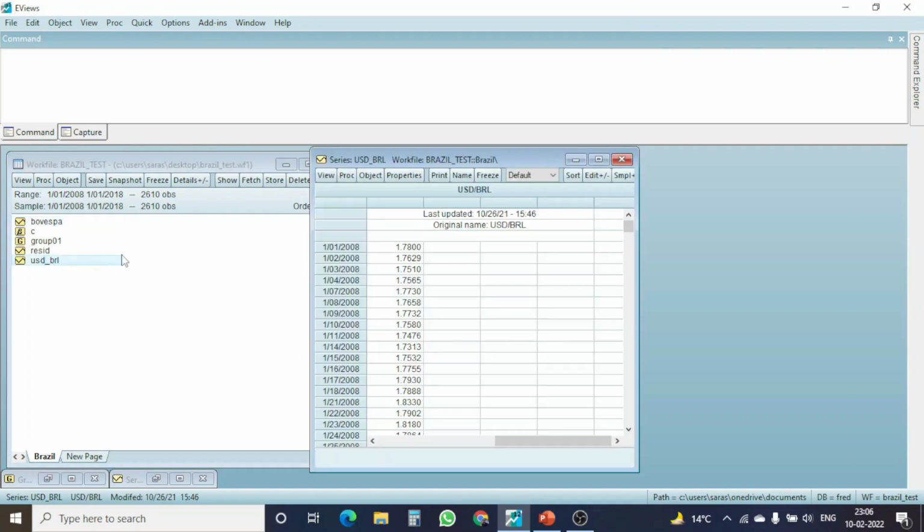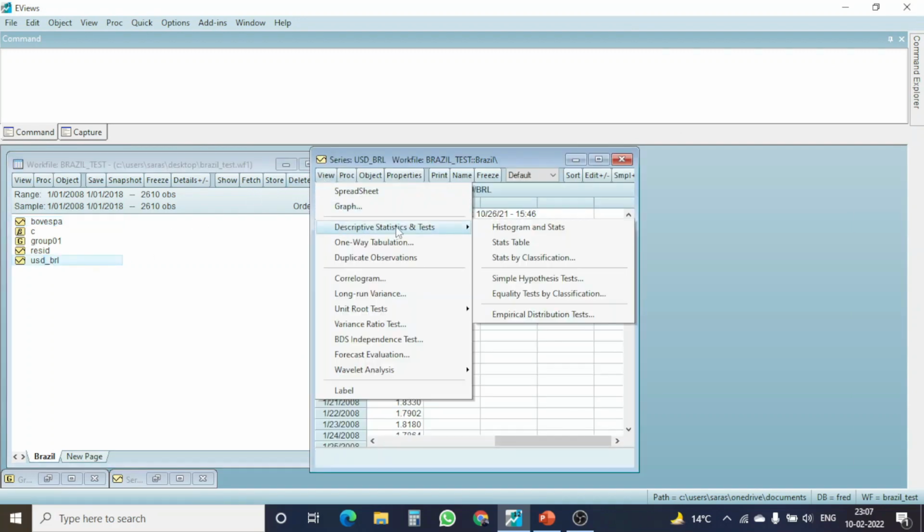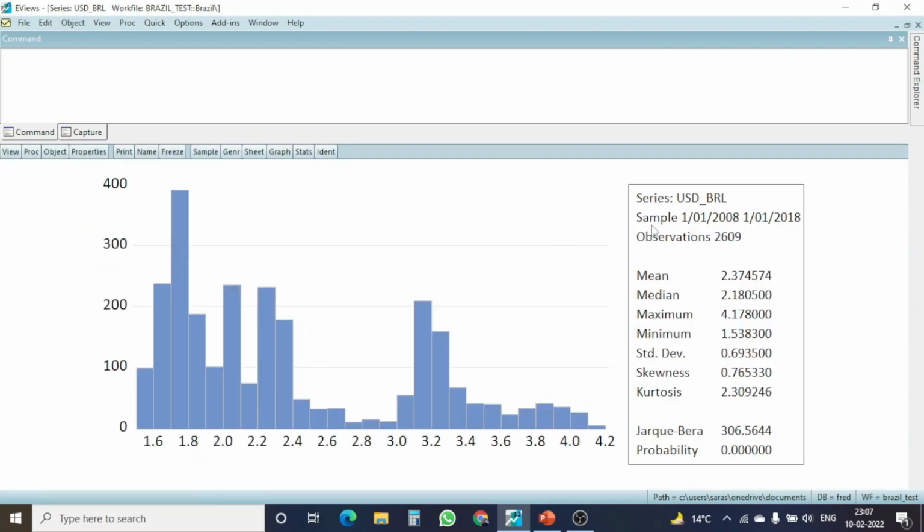Similarly, we can produce the result for the exchange rate. In the case of the exchange rate also, we have the mean, median, maximum and minimum values. Here the standard deviation seems to be low in comparison to the stock market. Skewness is again greater than 0, so it is positively skewed.